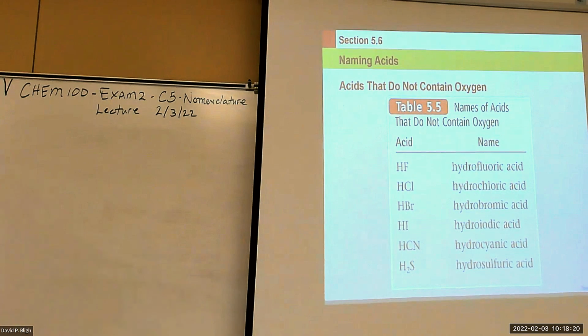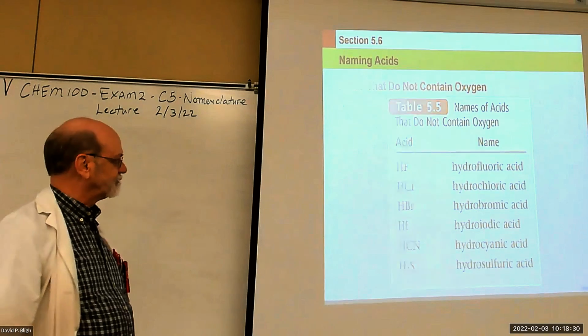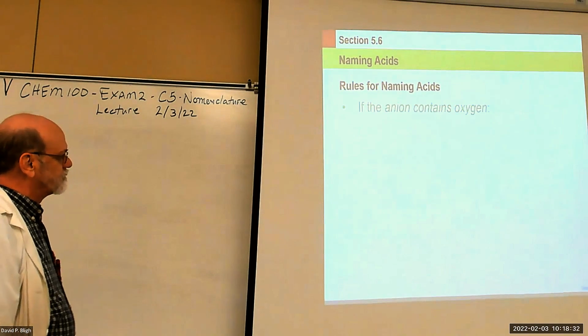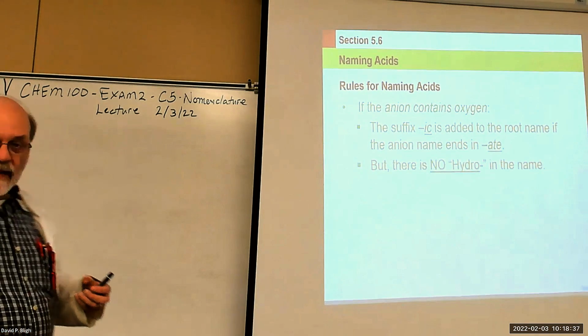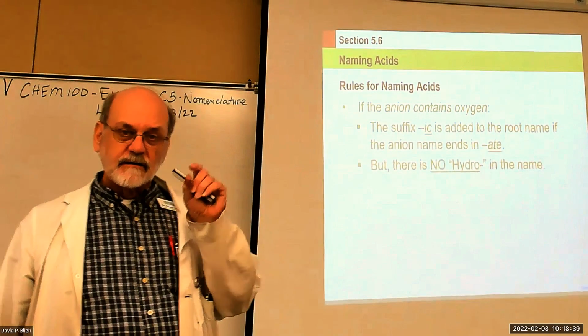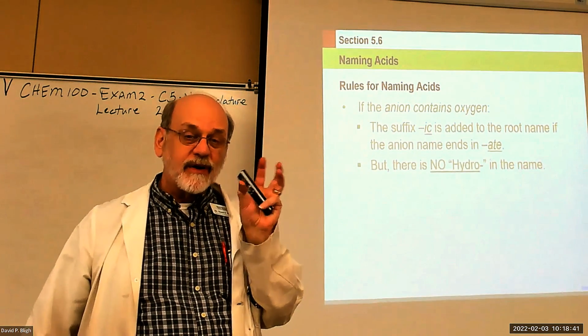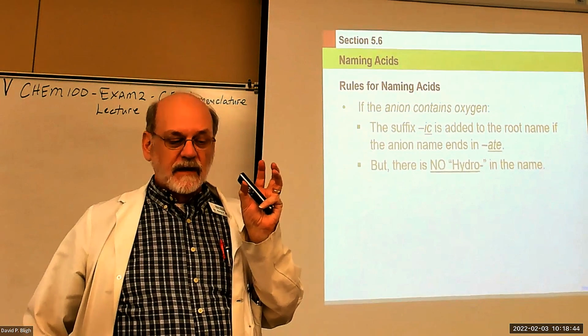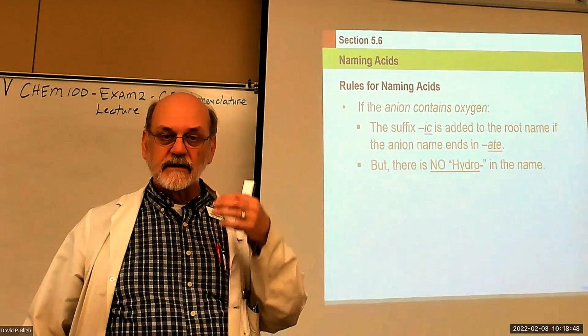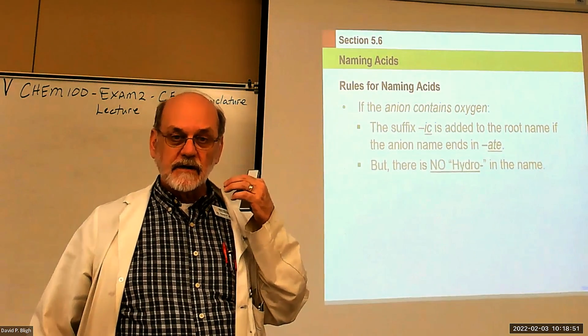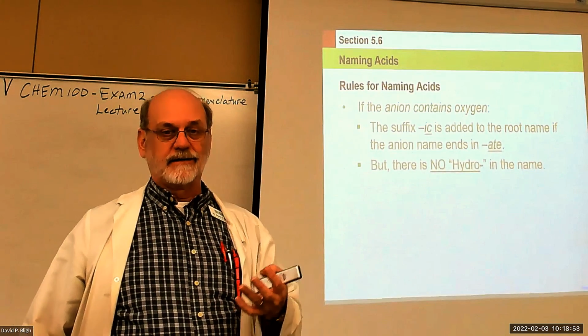So you probably guessed that the next rule is for acids that do have oxygen in them. Okay. Now, if there is an oxygen in the anion part of the molecule, that automatically means that the acid is formed from a polyatomic ion.